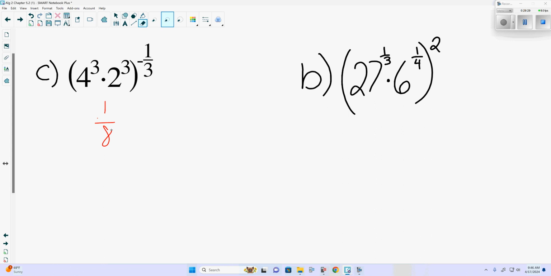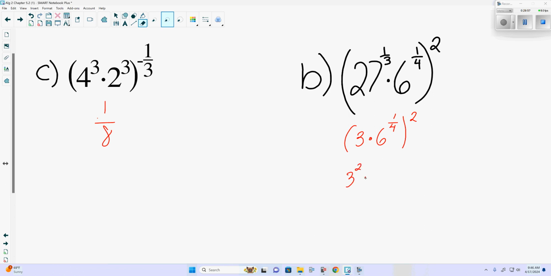27 to the 1/3. Is there a number times itself 3 times that gives us 27? That's the only real difference on that one, that we can actually take it to the 1/3 power. We can take the cube root of it. And then we square it.